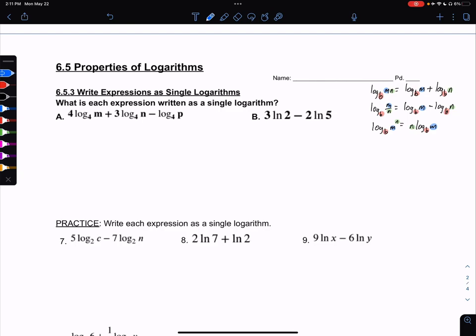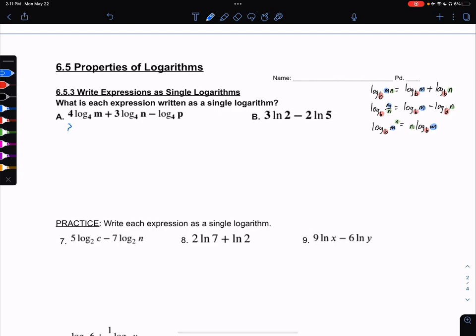So in part A, we have 4 log base 4 of m plus 3 log base 4 of n minus log base 4 of p. The first thing we're going to do is look at this third property where we have the exponents. So these coefficients, the 4 is going to get written as an exponent.